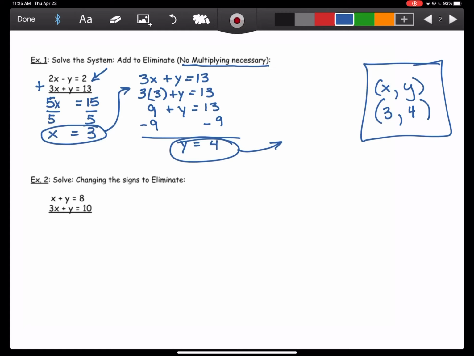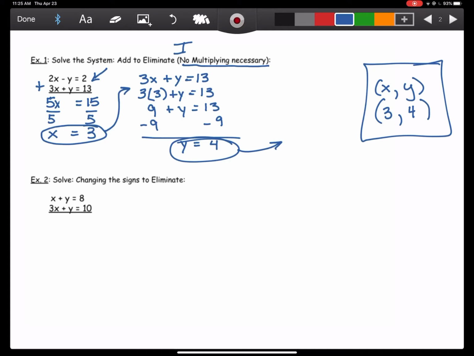In this case, in question 1, I already had opposites. And I know you guys are stronger, so instead of the word opposites, I could say additive inverses. So I could say to you, do we have additive inverses? Or do we need to make additive inverses? And the answer here is I already have additive inverses.